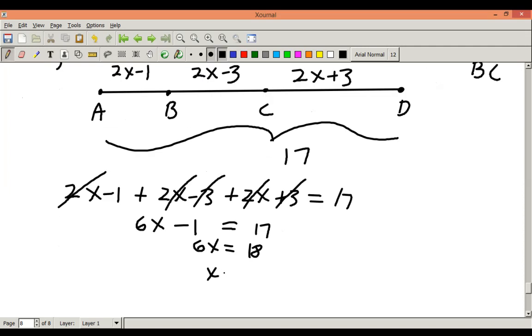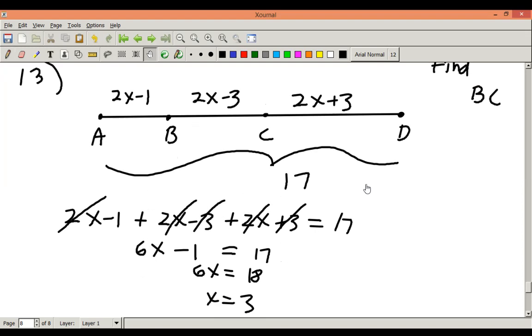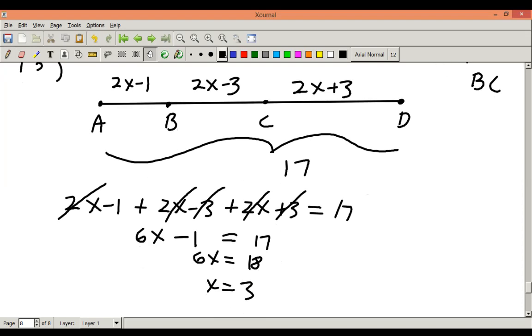And then x is 3. So remember, you can't stop there because they asked what is segment BC. So you have to go back and answer the question. So segment BC is 2 times that 3 you just found, that x you just found, minus 3. So 6 minus 3 is 3.